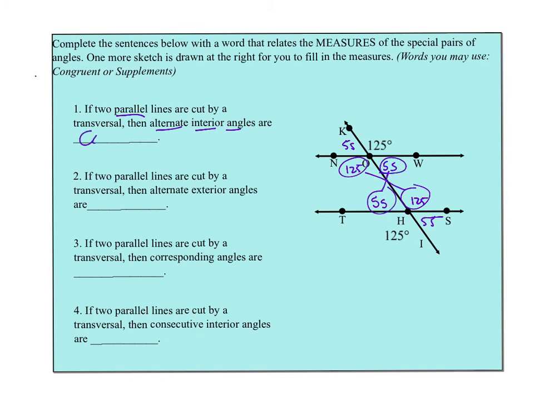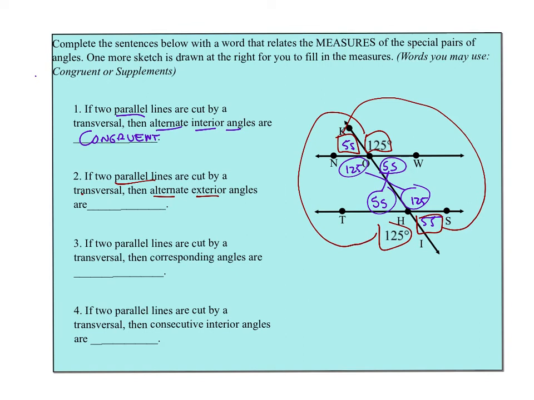Notice that they're going to be congruent. Then if two parallel lines are cut by a transversal, alternate exterior angles. I'm looking at this one and this one, and this one and this one. Those are also going to be congruent.